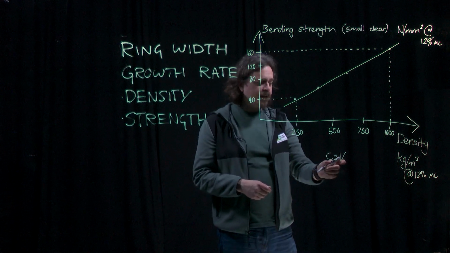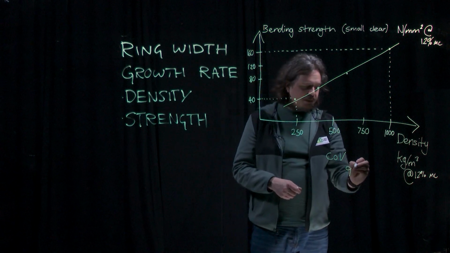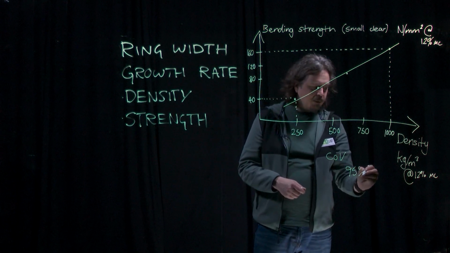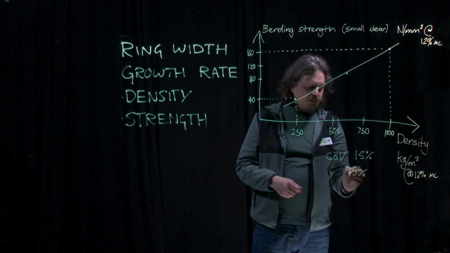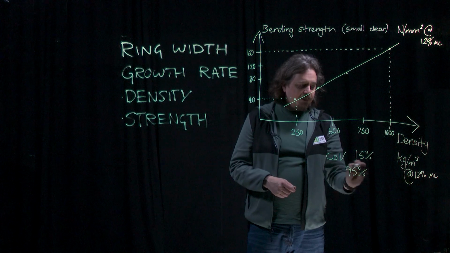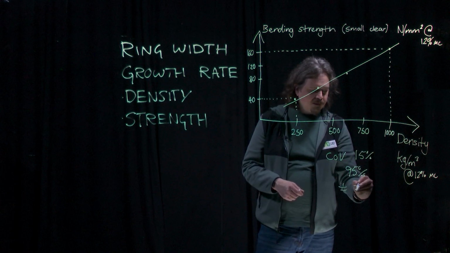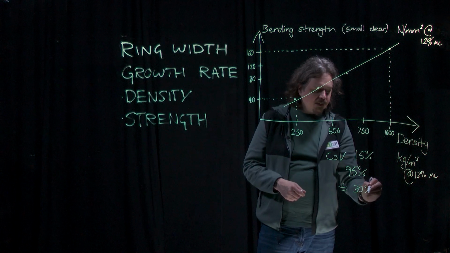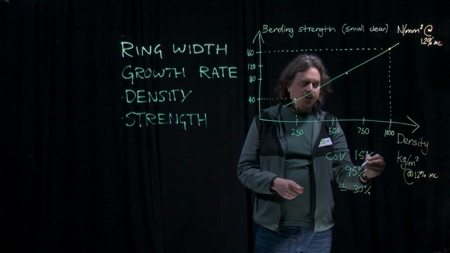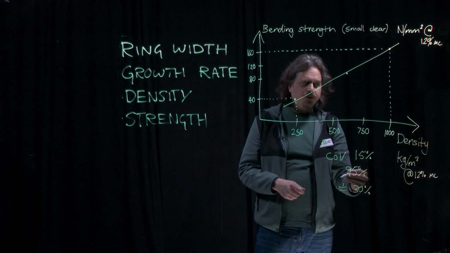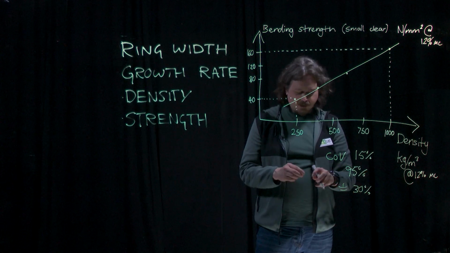So we would expect 95% of our pieces to be within plus or minus 30% of the mean value. That's because the coefficient of variation is describing the standard deviation, and 2 standard deviations tells you what you're expecting 95% of the population to lie within.